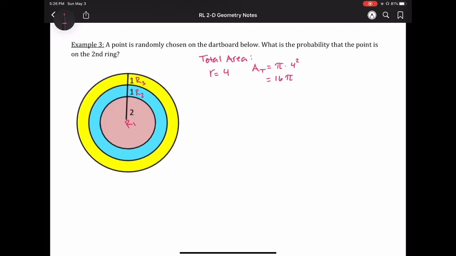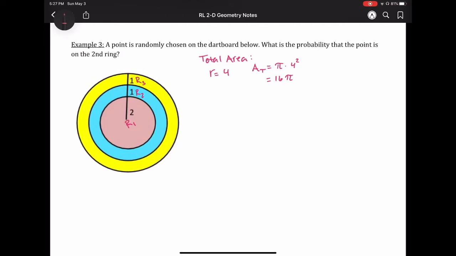All right, so I have my total area. That's my sample space. Now I need to find my chances of the event happening. So that's where I need to find the area of just the blue ring. When you're using the area of a circle, you're covering all of it though. So we have to find both the area of the circle surrounded by the blue ring and the interior circle, that ring 1, so that we can cut it out.